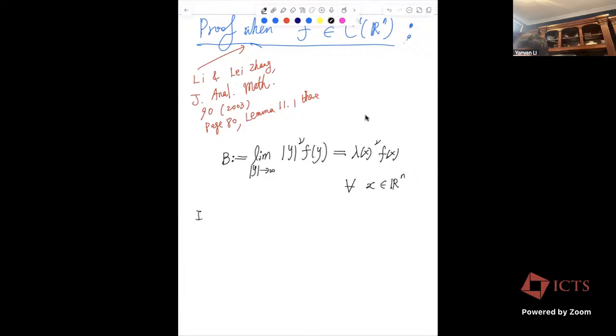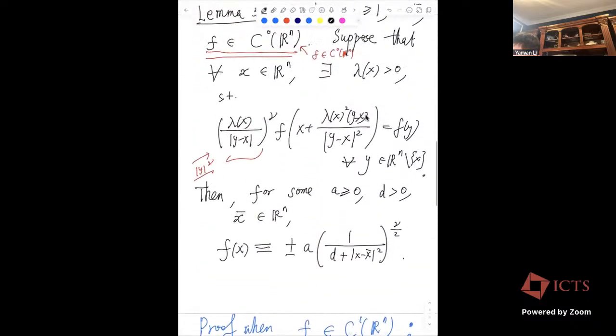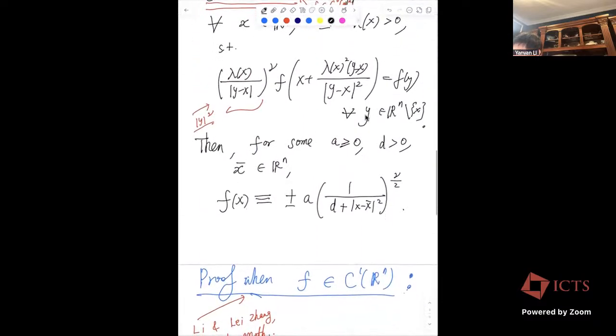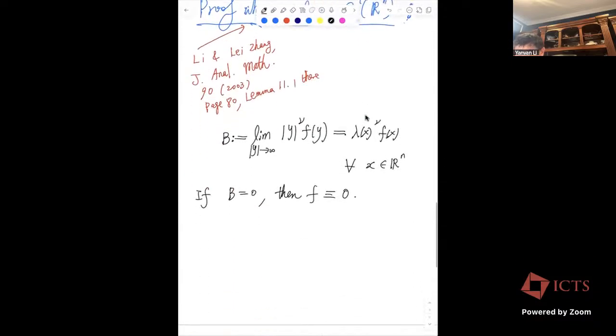So if b equals 0, then f is identically equal to 0. So in the statement, this a will be 0. You take a equal to 0, so f equals 0.